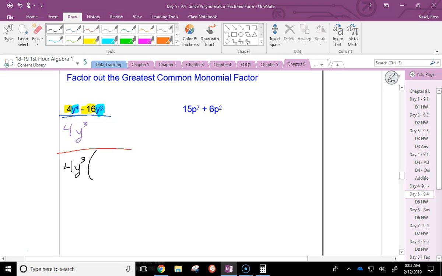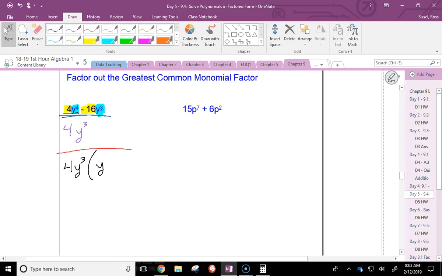So, we had 4y to the 4th. So 4 divided by 4 is 1. So I don't really have anything left there. Y to the 4th divided by y to the 3rd would leave me with just y to the 1st. So we'd have y left. This right here is 4y to the 3rd times y. That's what we took out.